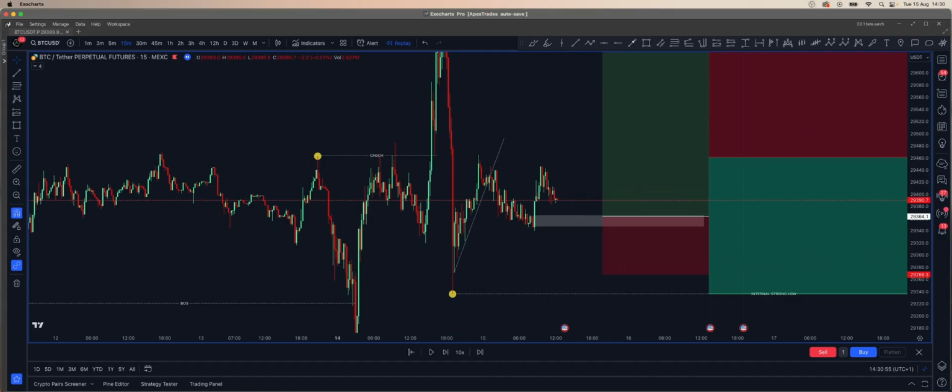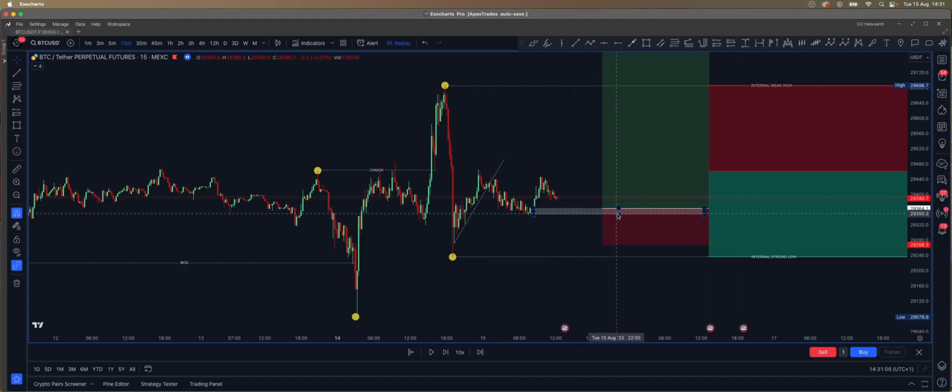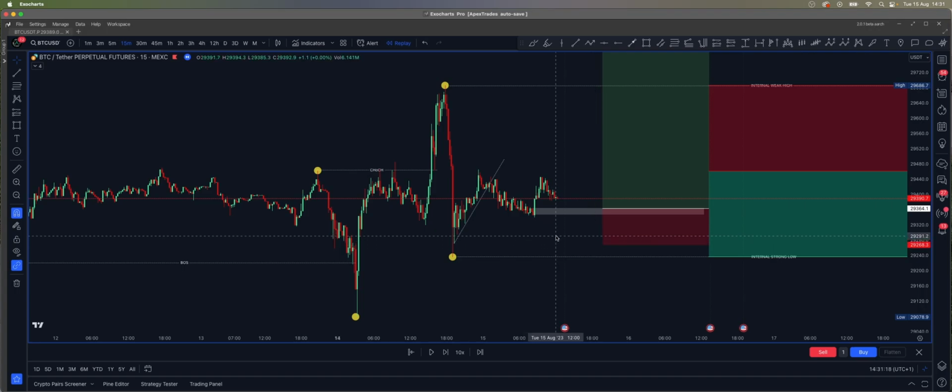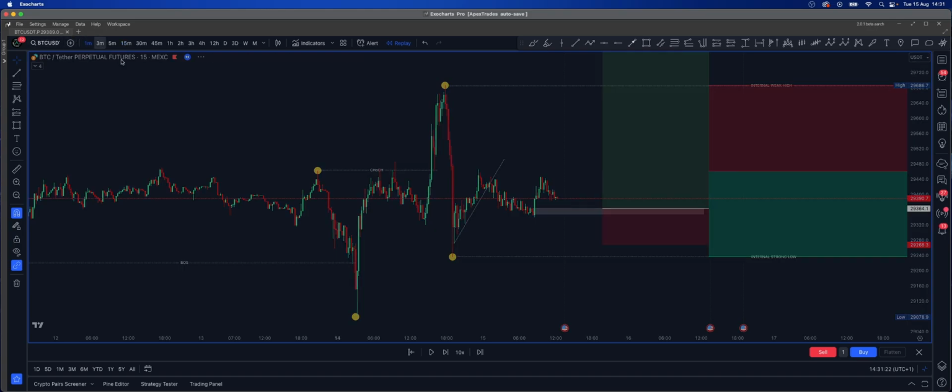We now believe, because we printed a new high and we've got a new internal swing structure, that we want to go bullish, right? So we've identified the excess. How do we know where we're going to get in? Do we blindly place our move here as a limit order and give ourselves a little bit of wiggle room? Or do we go multi-time frame analysis, fractal, and go down to the 1 minute, right?